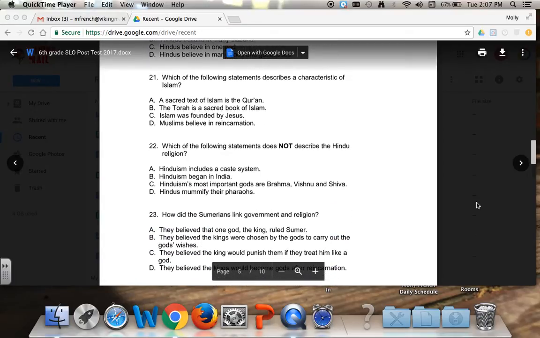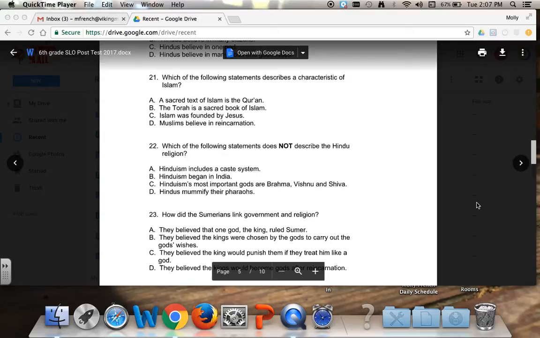Number 21. Which of the following statements describes a characteristic of Islam? A. The sacred text of Islam is the Quran. B. The Torah is a sacred book of Islam. C. Islam was founded by Jesus. Or D. Muslims believe in reincarnation. Number 22.